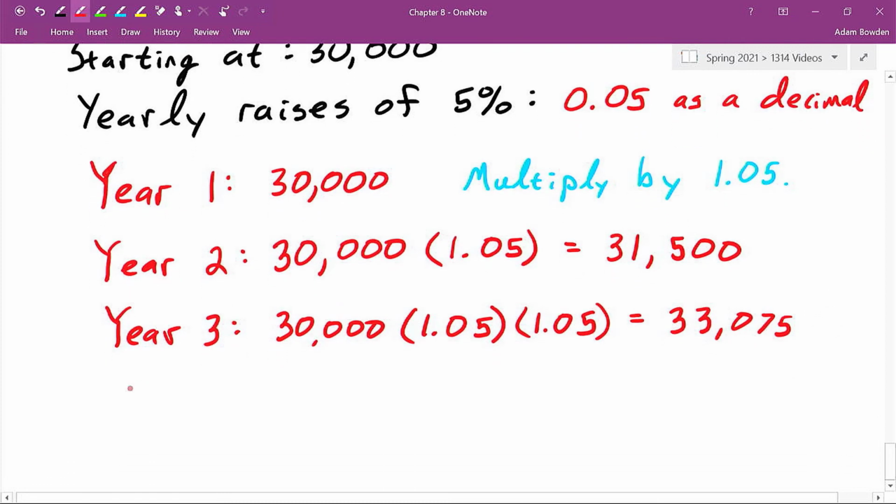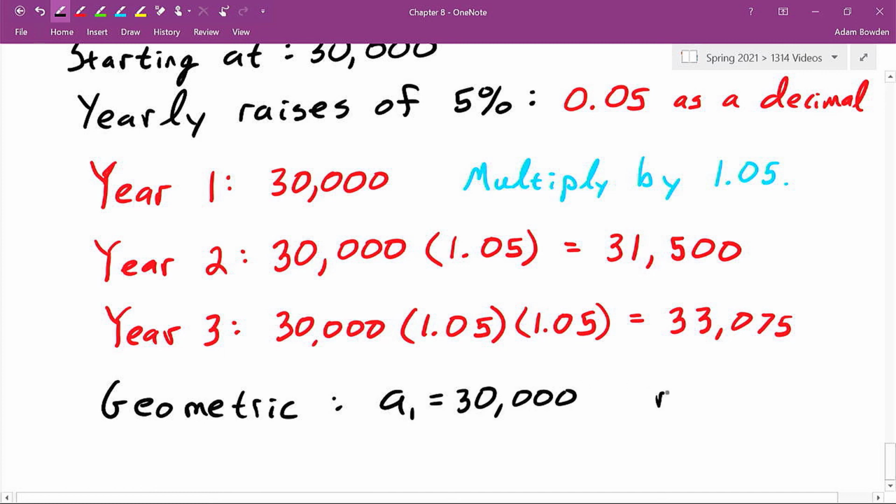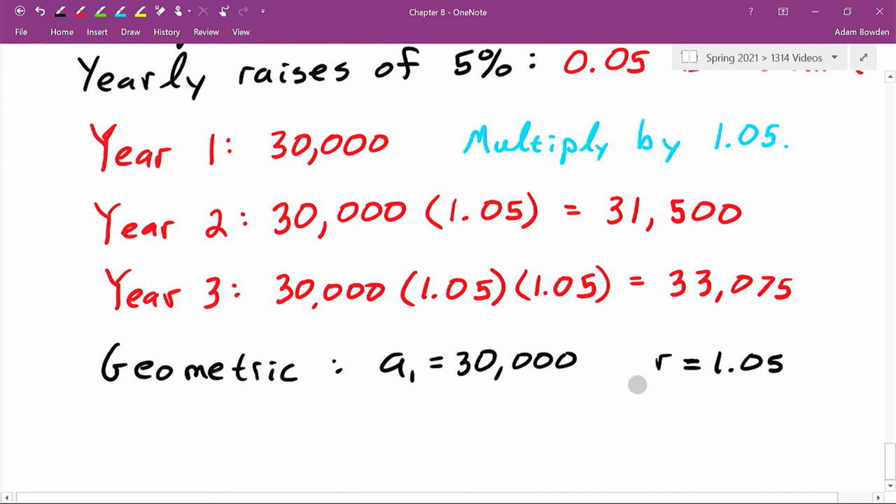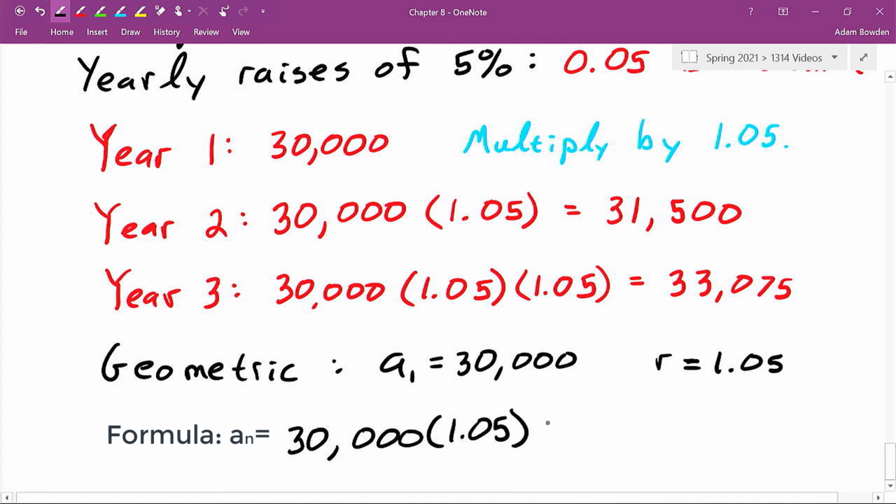So this basically turns into what we consider a geometric sequence formula, where the first one, a1, is 30,000, and r would be equal to 1.05. So the formula we can use to calculate the salary for any year would be 30,000 times 1.05 raised to the n minus 1.